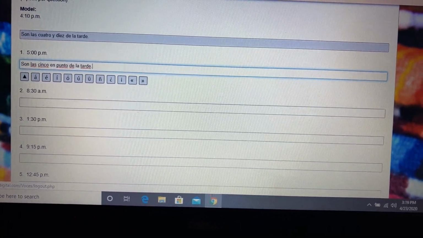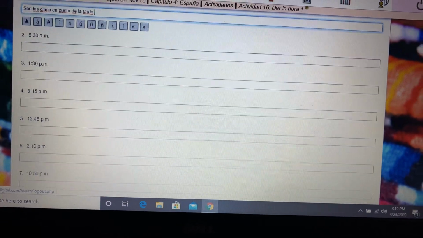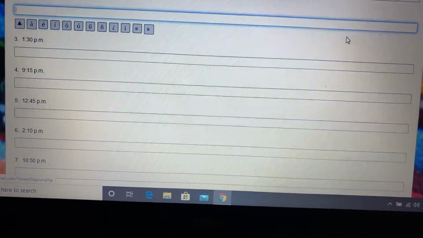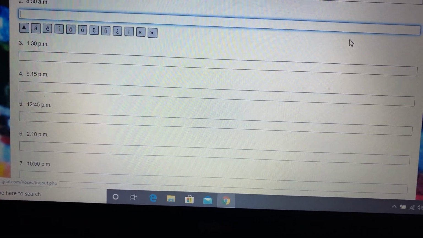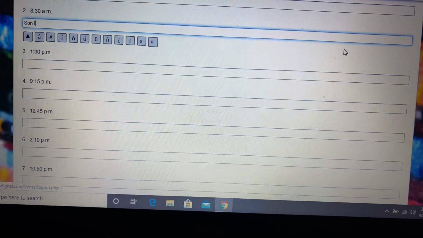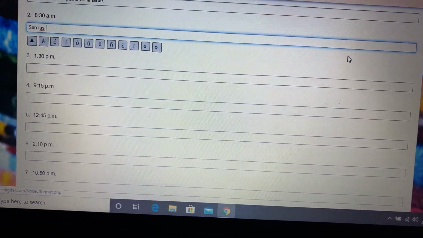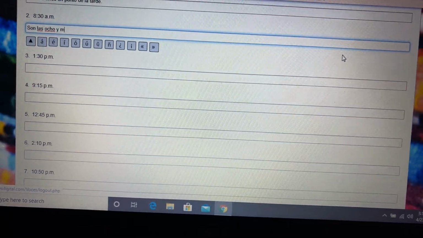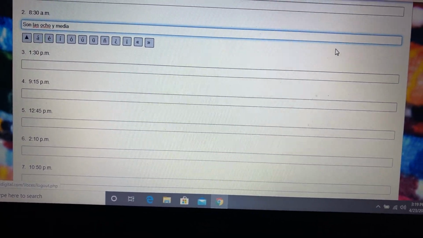So that's number 1. Number 2, 8:30 a.m. We need to look again at the minutes. The minutes is 30. That's a special situation. Son las 8:30.